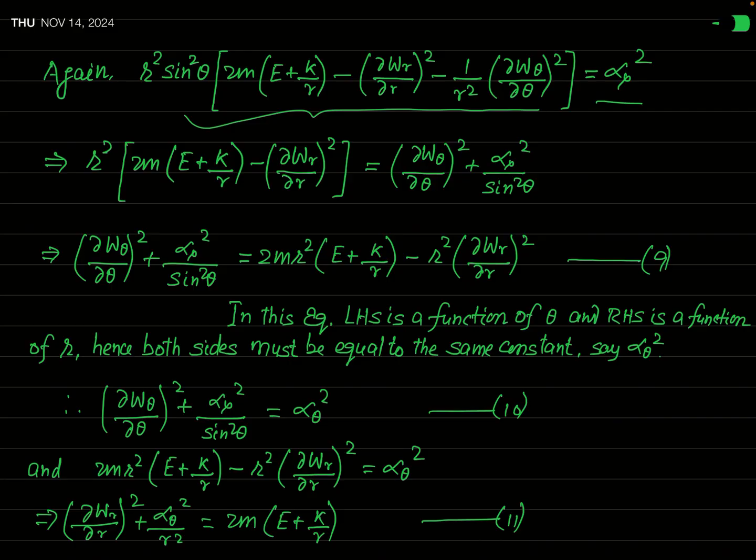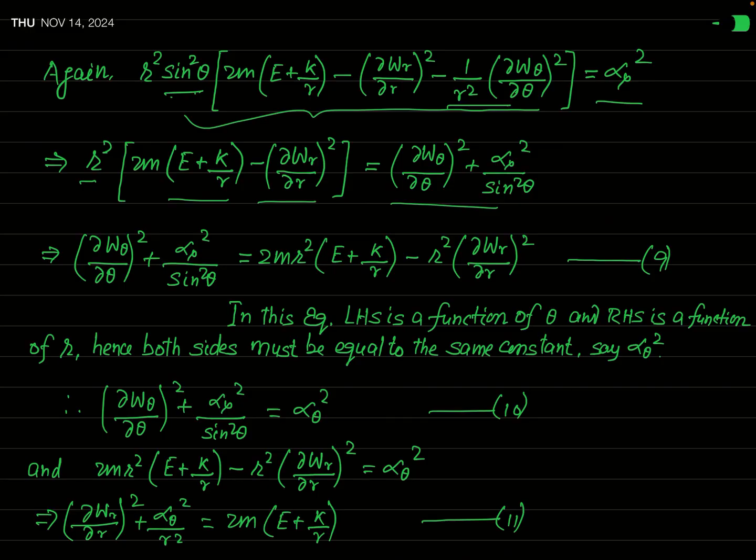Now simplify this equation again a little bit. You can see if you divide this RHS by the factor sin squared theta, and after that bring the second term, minus 1 over R squared (del W theta by del theta) squared, to the RHS, your result will be R squared times 2m times (E plus k over R) minus (del W_R by del R) squared, and that is equal to this much.